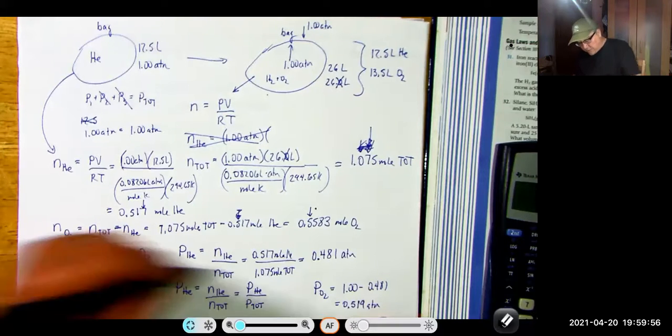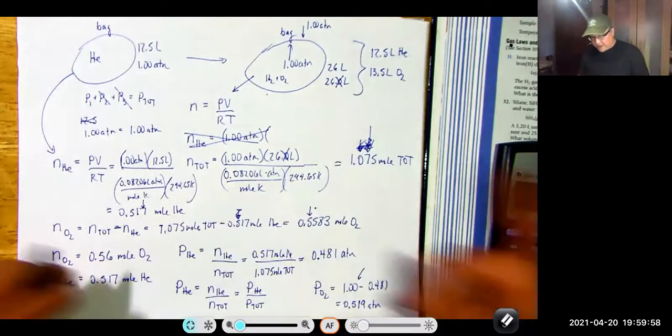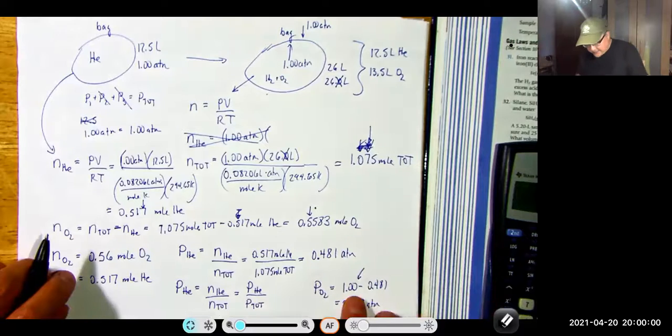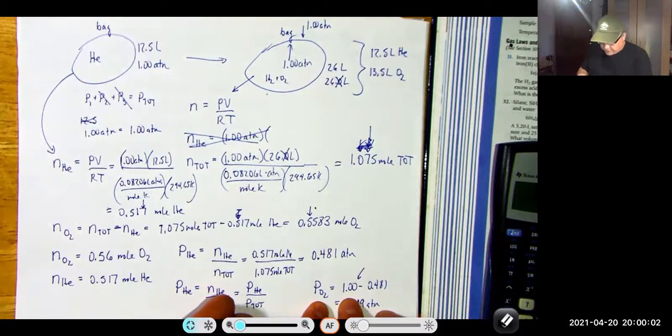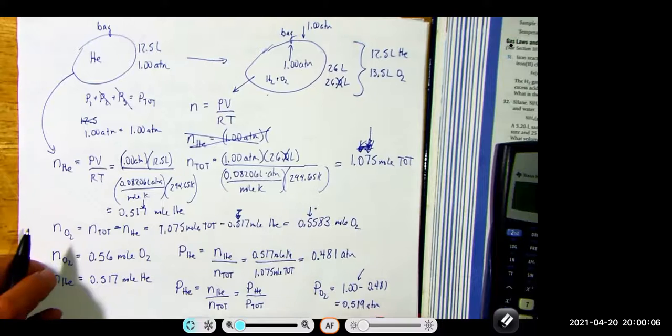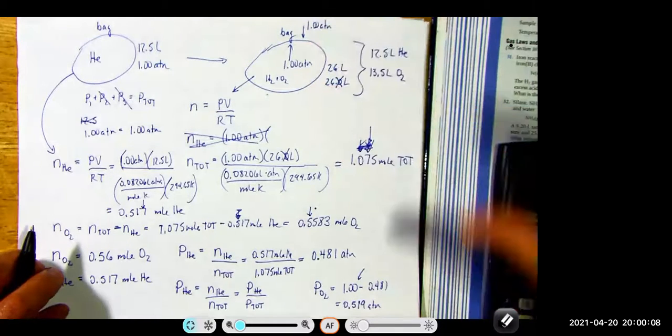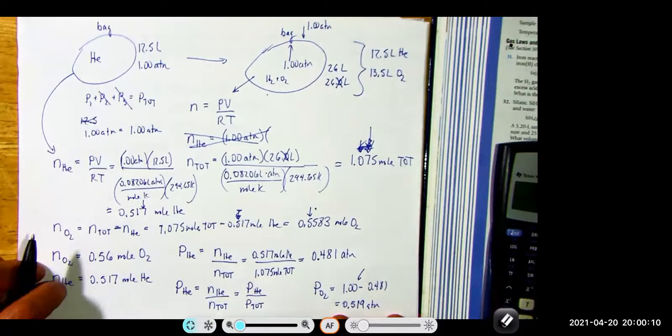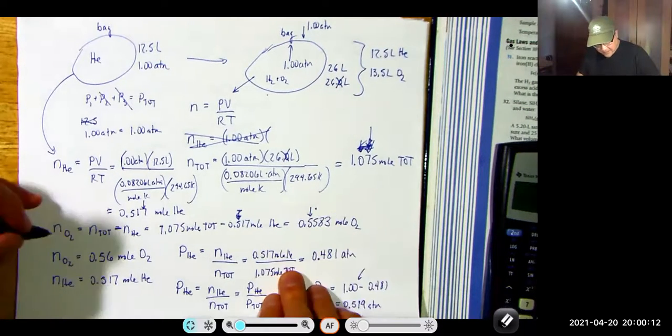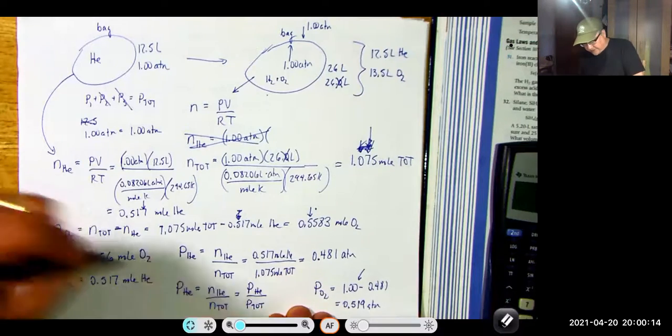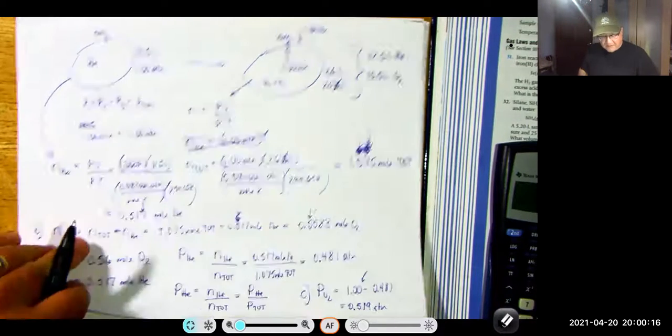And why am I using 1 here instead of this 1.075 moles? Because to get the partial pressure, I had to do pressure total minus the pressure of the other one. These two pressures have to add up to 1. So this would be B right here, and this would be C, if I have that right.